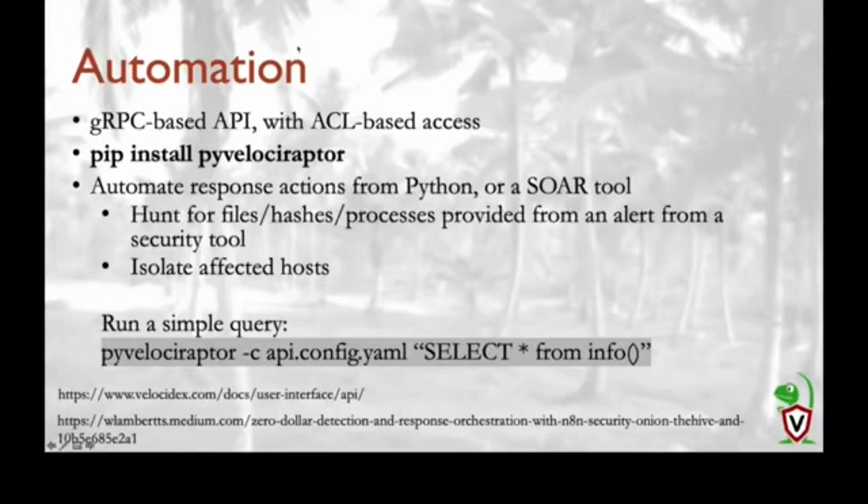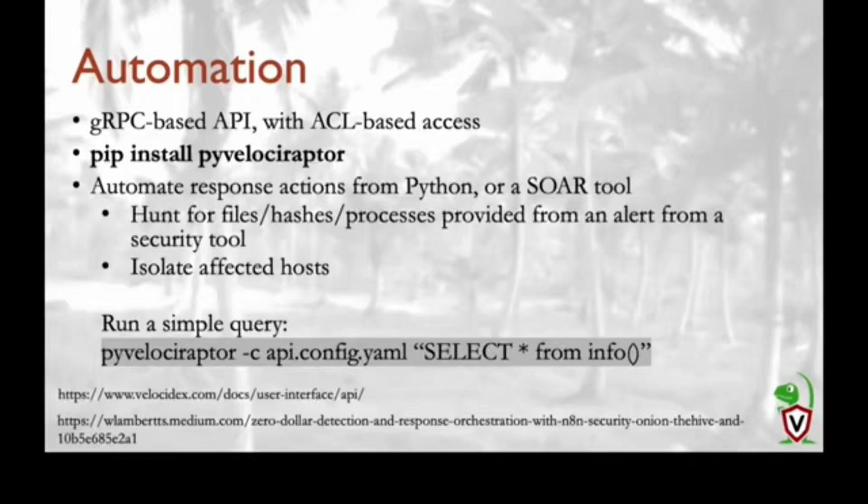And I spoke a little bit about the SOAR and the automation. Velociraptor comes with a gRPC-based API. It's ACL based, so there are certain permissions for things you can do with the API, similar to what you would be doing in the web interface or the GUI. For example, maybe you can only read artifacts, or maybe you can only add artifacts, or maybe you can do everything, right?